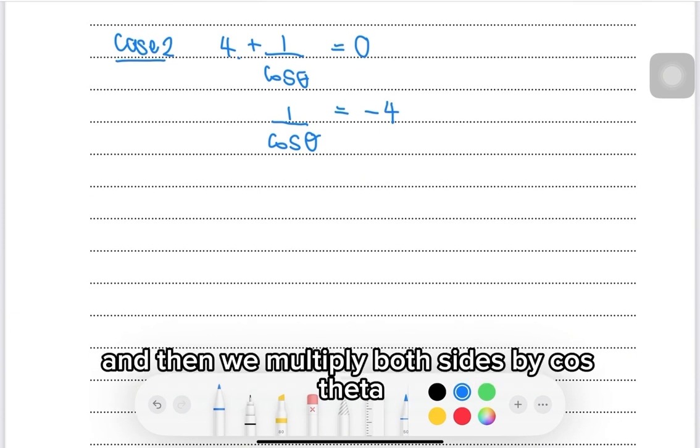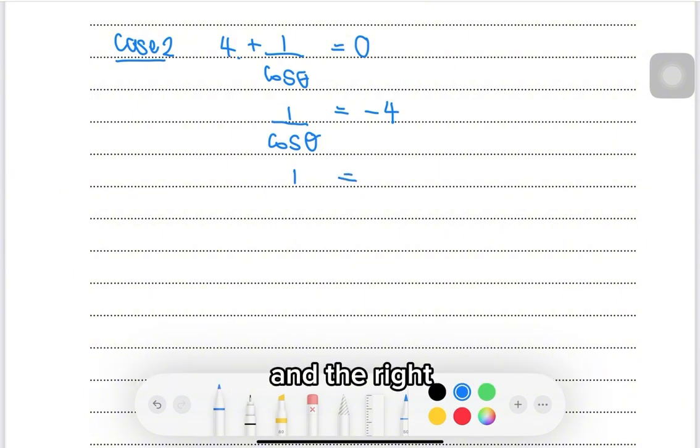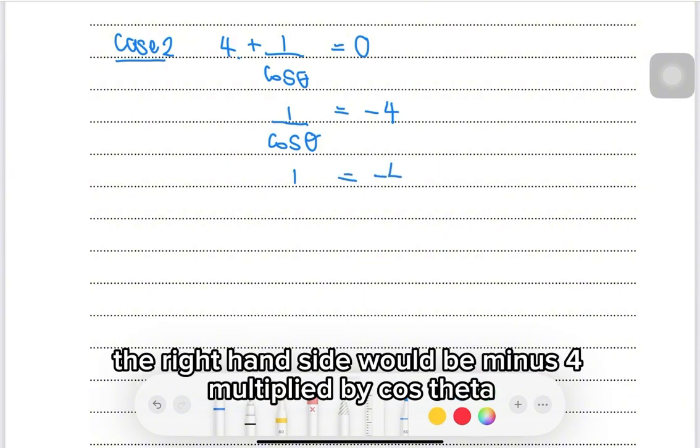And then we multiply both sides by cos theta, and we'll get this side would be left with 1, and the right hand side would be minus 4 multiplied by cos theta.